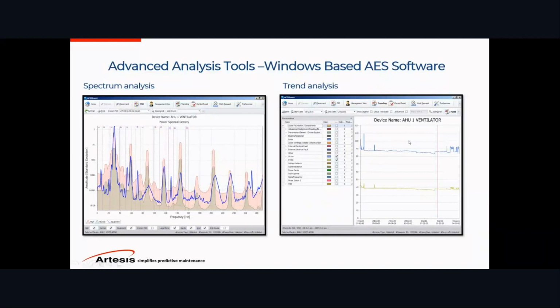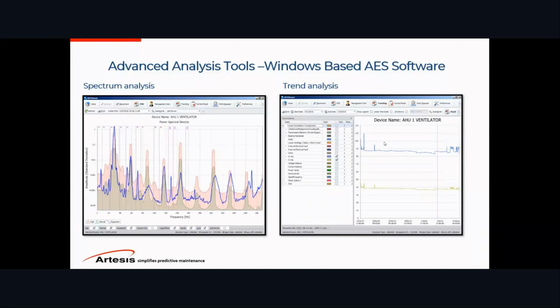Furthermore, of course, the trend analysis will give you the trending of the historical data and the pace of a developing fault, so that you can have an estimation of how much time you have left to the failure point. And you will also be able to cross-check between the mechanical and electrical faults by looking at the signal frequency or voltage or current levels, and then relate them to mechanical faults or stator issues or rotor issues.